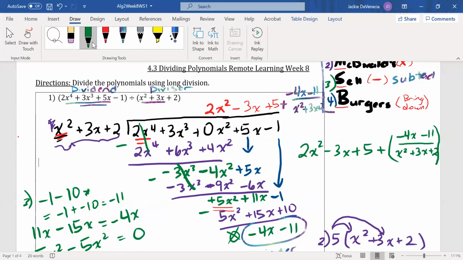Okay, so this will be our final answer. I'm going to take my remainder and put it over my divisor. So this x squared plus 3x plus 2, I'm getting it from the divisor right over here. Okay, and this will be my final answer.